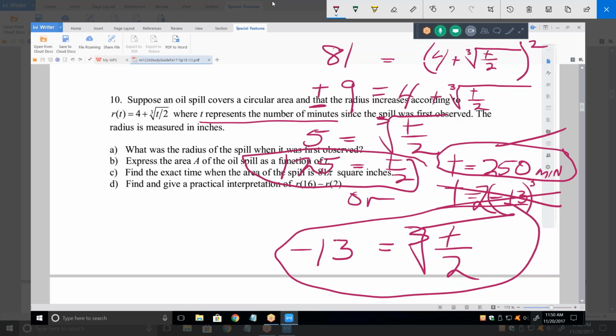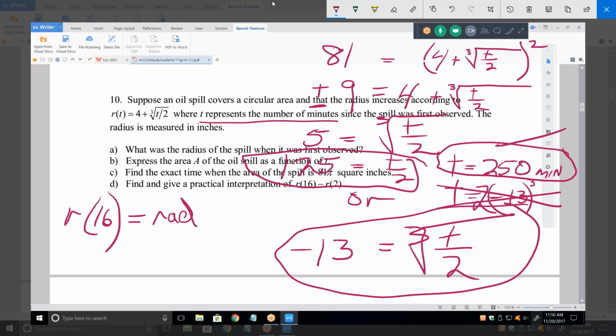Finally, let's do the D. Find and give a practical interpretation of R of 16 minus R of 2. First of all, tell me what R of 16 means in words. The radius is 16 inches.